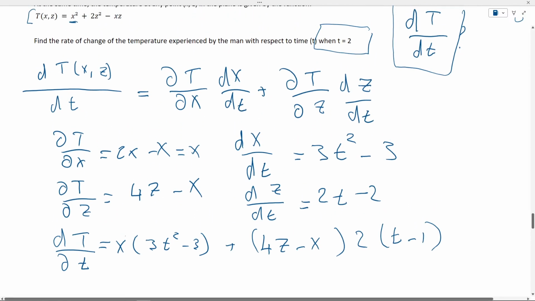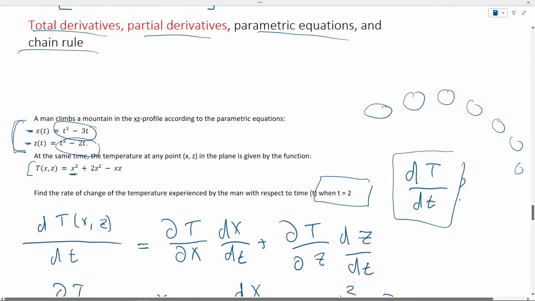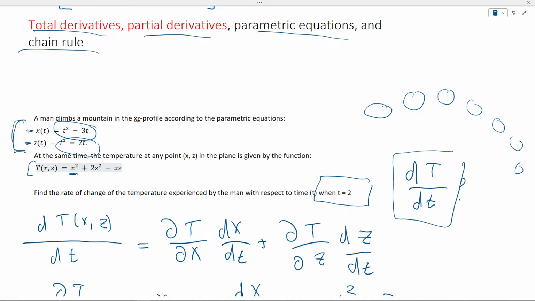I want to find it at t equal to 2, so I can just put t equal to 2 here. So x of 2, that would be equal to what? 8 minus 6 is 2. And then z of 2, that would be 4 minus 4, so equal to 0.